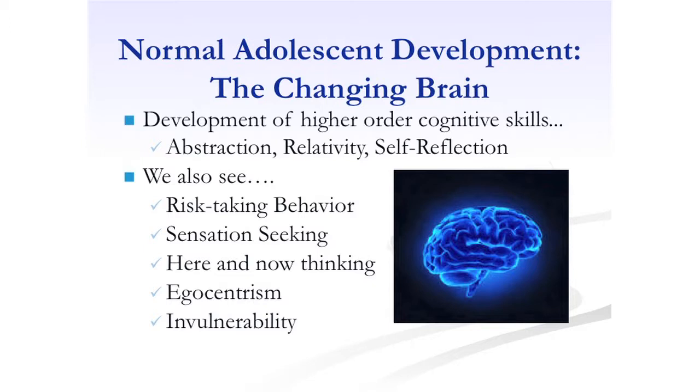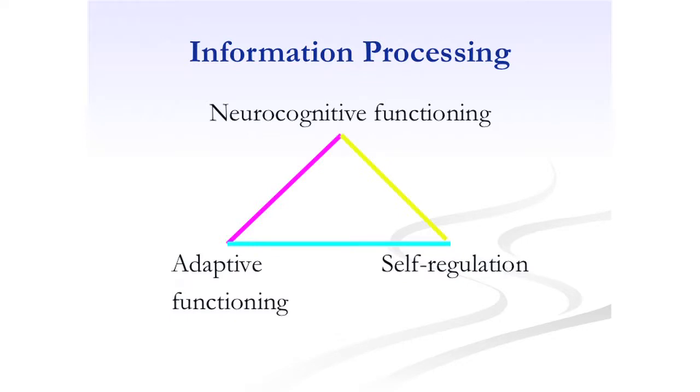So, through this process, we see a lot of risk taking behavior and sensation seeking in the normally developing adolescent. It's accompanied by here and now thinking, egocentrism, and a feeling of invulnerability.